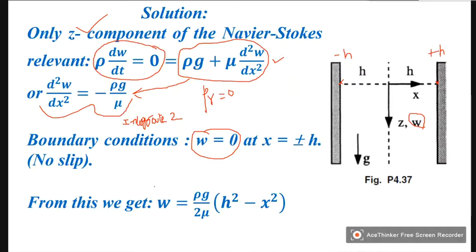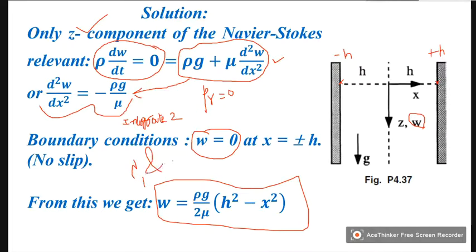So you will get two constants, C1 and C2. After using these two boundary conditions, this is one boundary condition, and this is another boundary condition. So you will get this, right? So have you all followed this? So if so, I will proceed to the next problem.